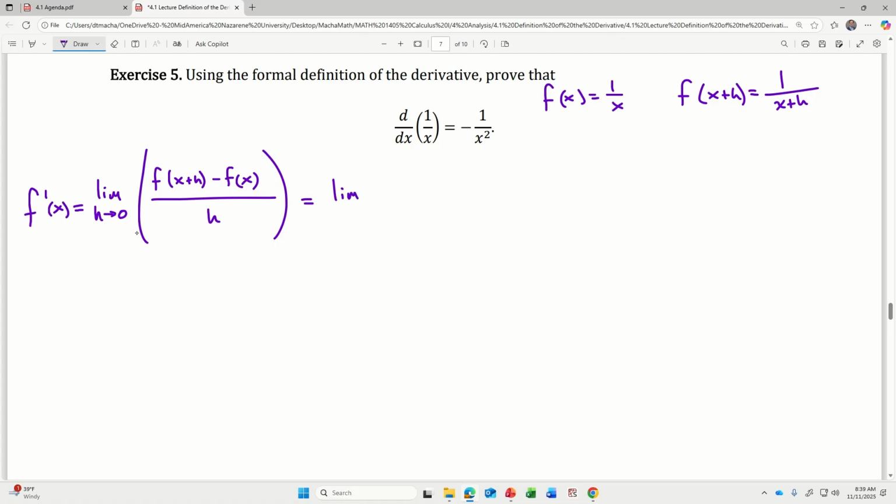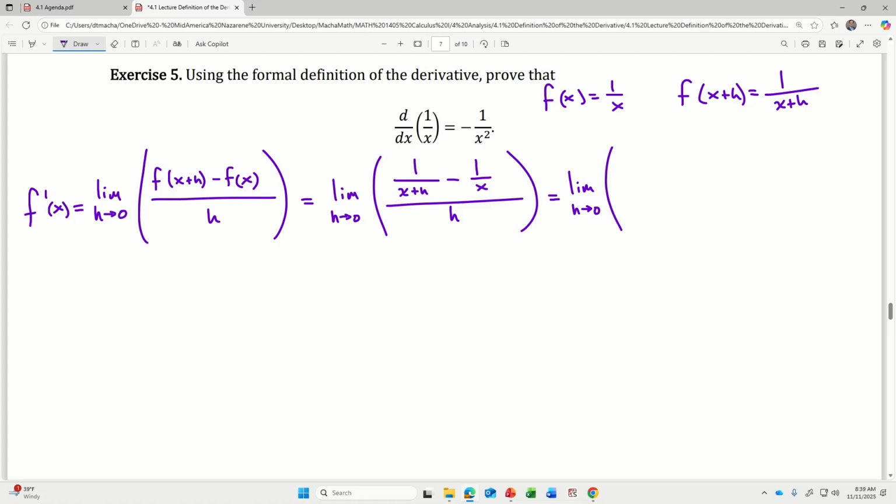So, no surprises. We just plug that in. Obviously, we can't just plug in h equals 0.